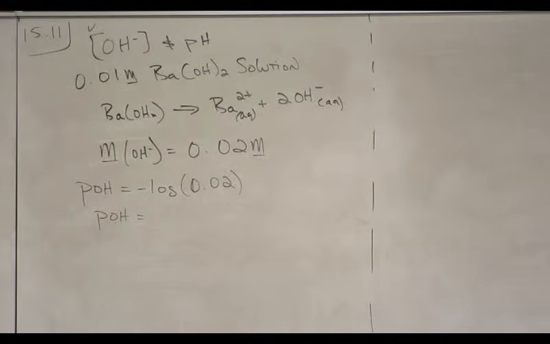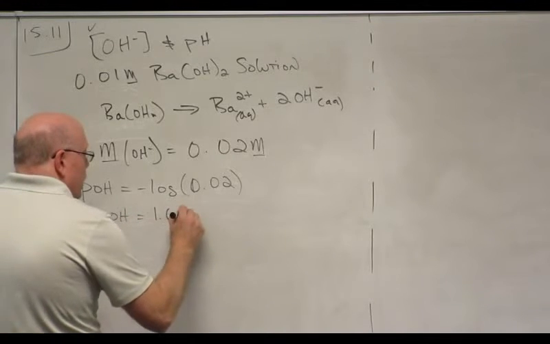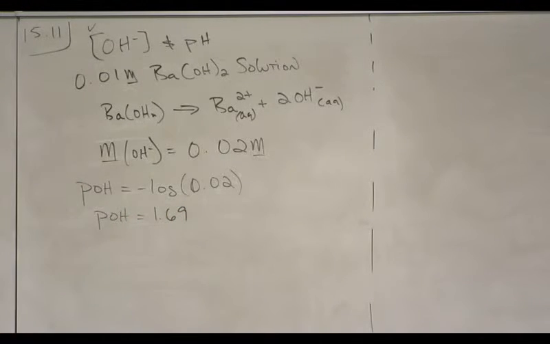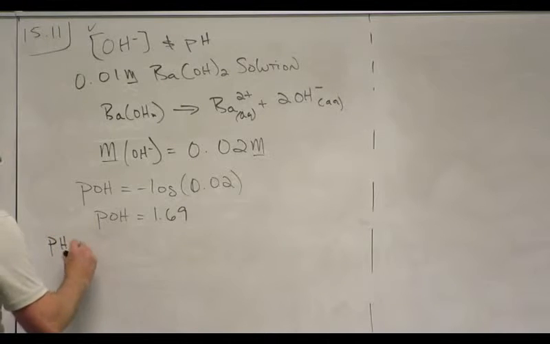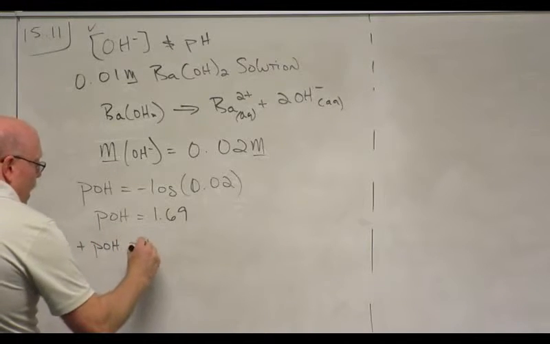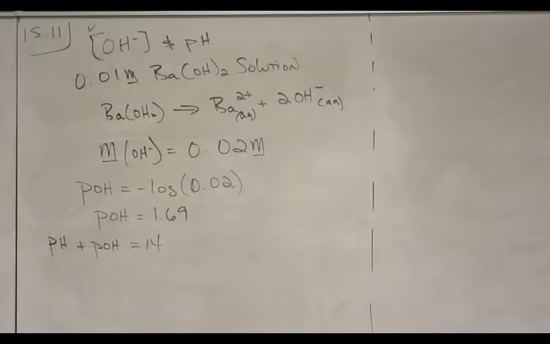The pOH for this is 1.69. But they don't want the pOH, they want to know its pH, because everything goes back to pH, something we can actually measure. Don't forget, pH plus pOH has to equal 14.